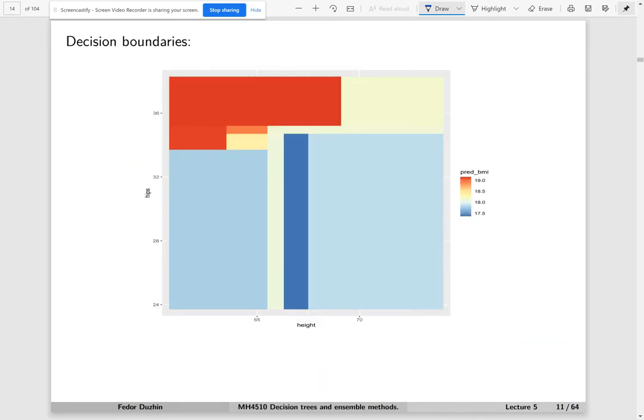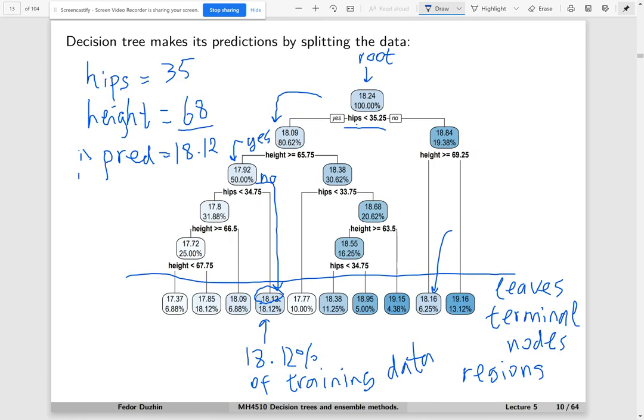Now, these are decision boundaries, right? So this means the following. Let's say our observation is hips 35, height 68.